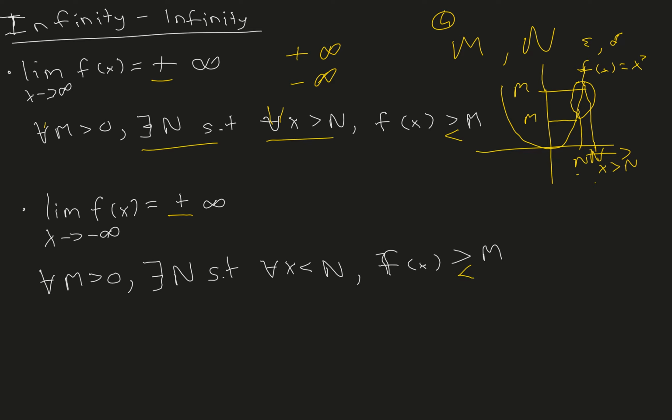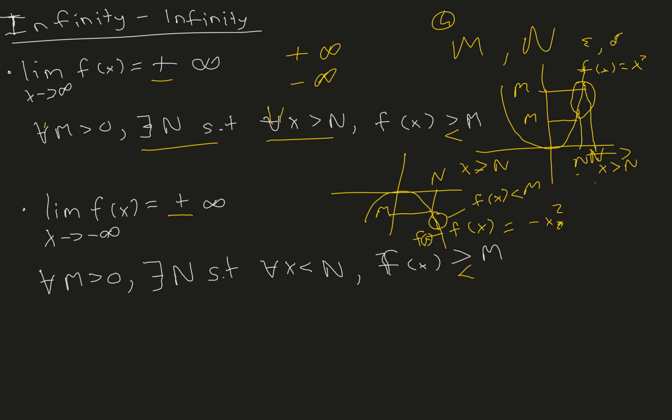And when x approaches negative infinity, consider the graph f(x) equals negative x squared. Even in this case, we have an M right here and an N right here, such that for all x greater than N, we'll find an f(x) right here that is less than M. Remember, we're going to negative infinity, so we'll find an f(x) right here which is less than this M right here.